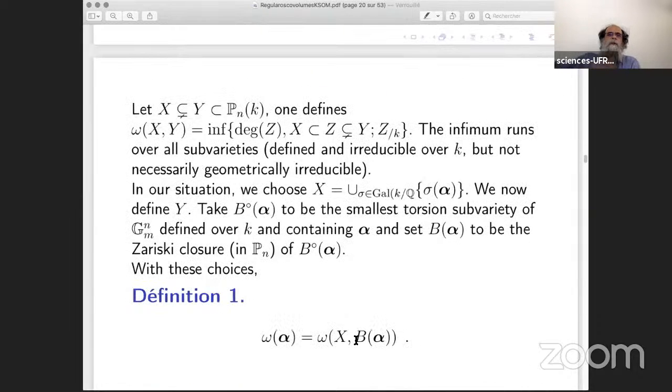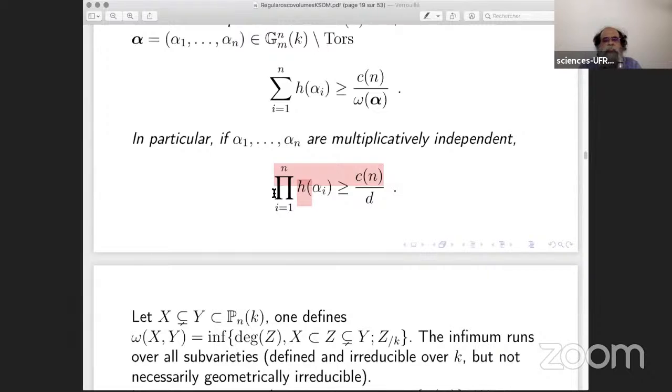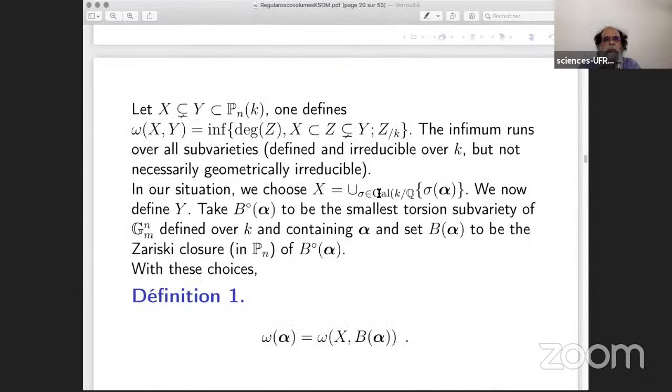So the definition is a bit involved. I'll quickly recall it. We don't need it actually, but if you wish to use this statement as a black box, it's much more than enough for our purpose. But it's defined here.